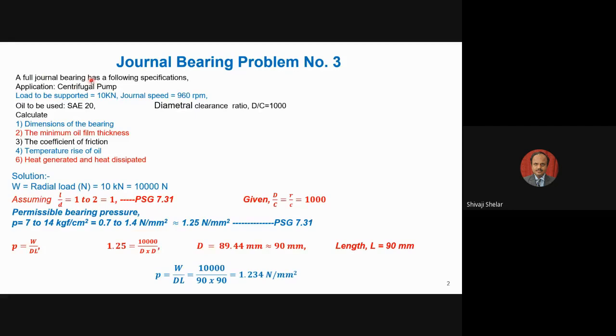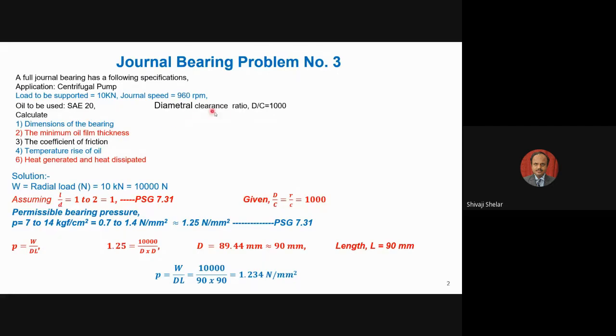A full journal bearing has following specifications. We are using the journal bearing here for a centrifugal pump. Load to be supported is 10 kilonewton and journal speed is 960 rpm. Oil to be used is lubricating oil SAE 20 grade.